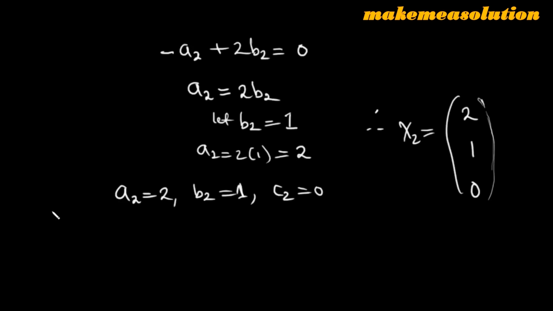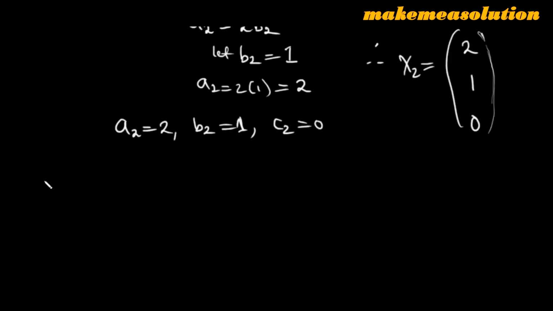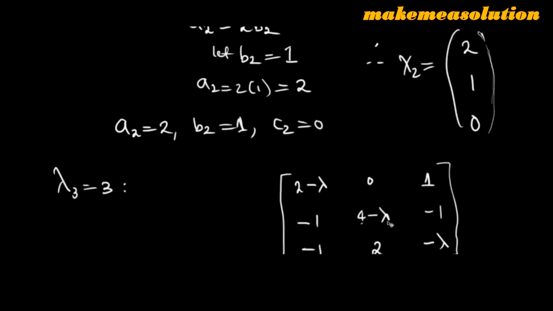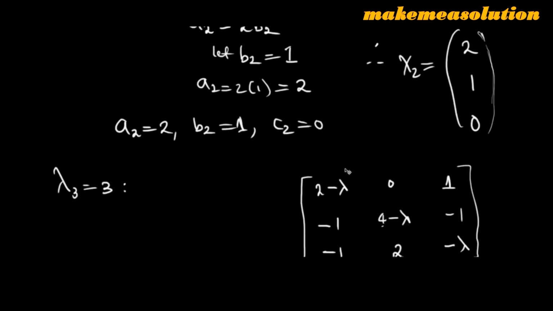And we're now going to repeat the last one. So I can leave you to try that one. You can pause the video and try that one by yourself. Once you're done, you could unpause it and see what I get when I solve for lambda 3 equal to 3. So we're going to repeat the same thing, solving our a minus lambda I as usual.